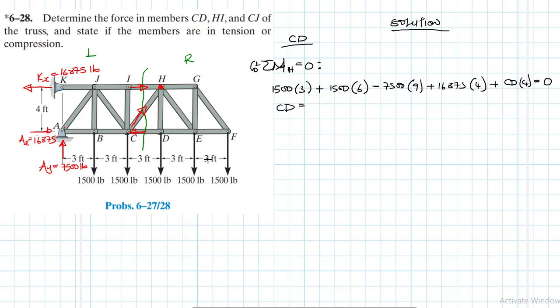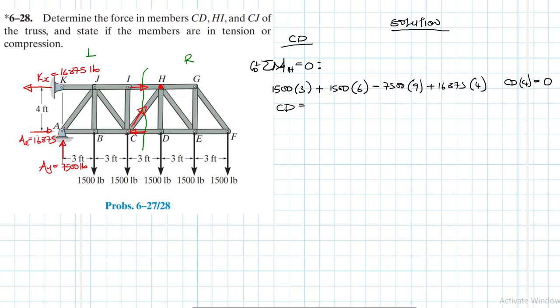Therefore CD is equal to, as for CD, did we assume the direction correctly? 1500 by 3, 1500 by 6, and then 7500 by 9, and then 16,875 by 4, and then CD. This is clockwise, right? CD is taking clockwise, and clockwise is negative.